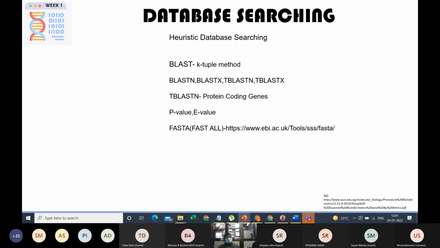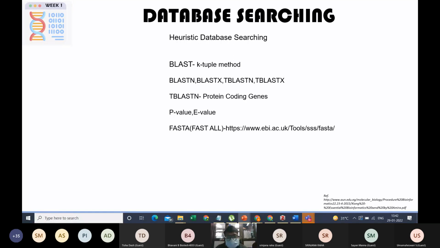Another database algorithm is FASTA, which is fast-all. Let us first perform BLAST, and then you will understand. Another thing to know about in BLAST is the p value and e value. The e value says the probability that the sequence has been matched by chance.